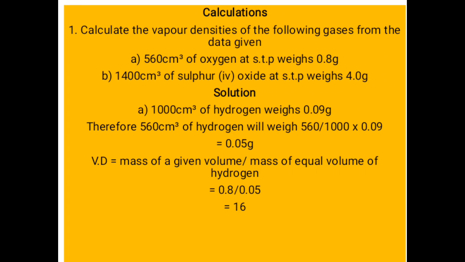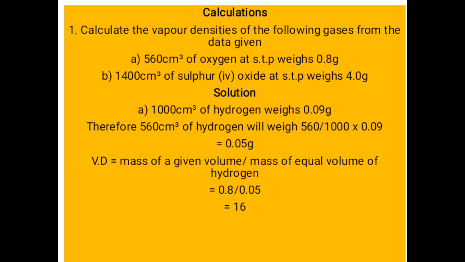Now, let's continue. Calculations involving relative vapor density. One says, calculate the vapor densities of the following gases from the data given. A. 560 centimeter cube of oxygen at STP weighs 0.8 grams.